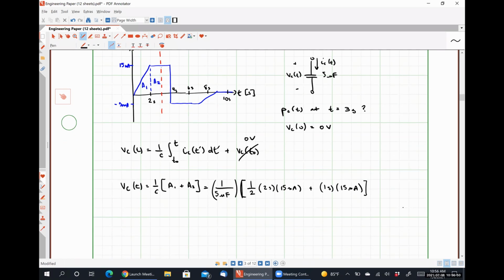All right, so let's go ahead and do some math here. What do you think the voltage is going to turn out to be here? So we have 1 over 5 times 10 to the minus 6 times 0.5 times 2 times 15 times 10 to the minus 3 plus another 15 times 10 to the minus 3.